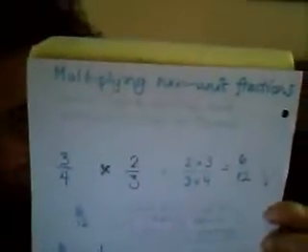So it's not out of 9, it's out of 12. 6 bits of 12 is a half. So I've had, by having 2/3 of the 3/4 that were left, I've had half of that whole Swiss roll. Just put it up there again so you can kind of digest it. There it is as a picture. And here it is as the simple method, top times top, bottom times bottom.